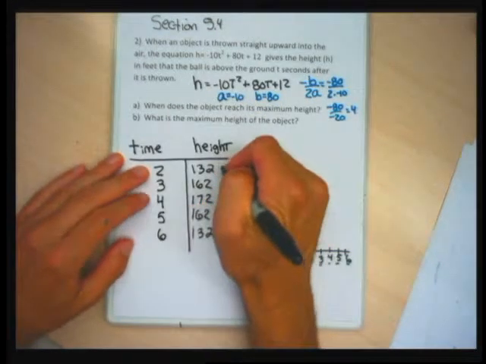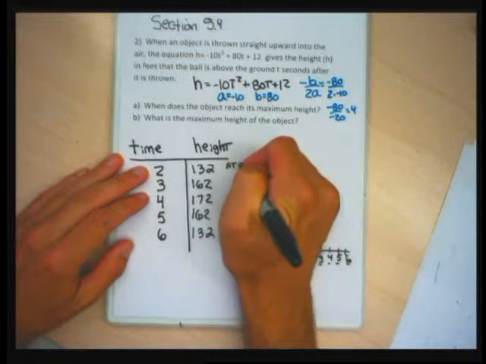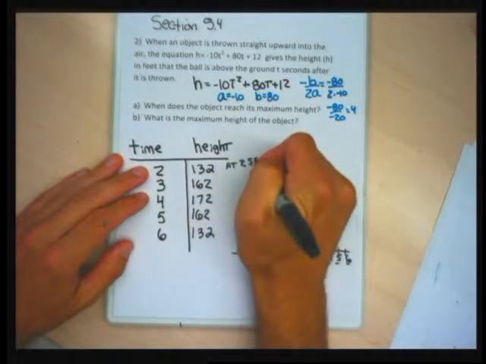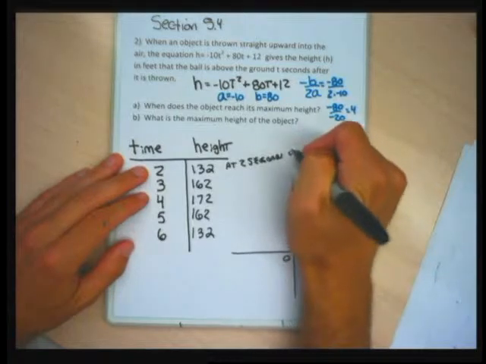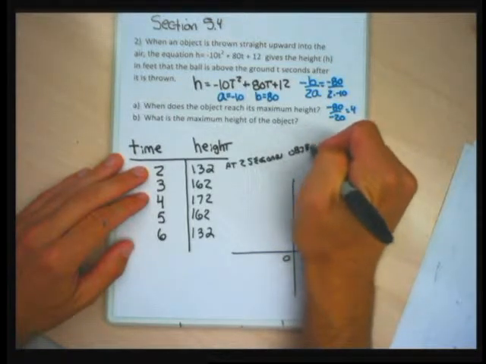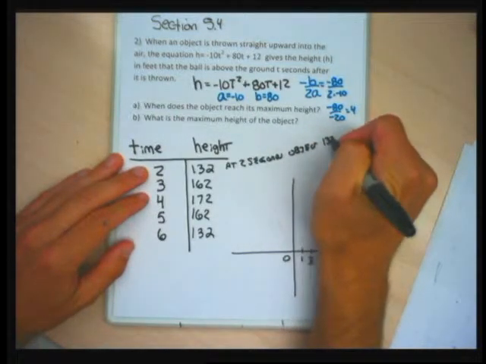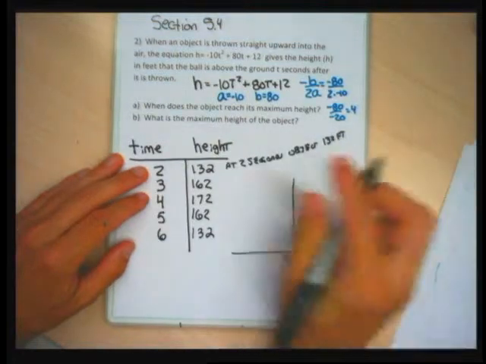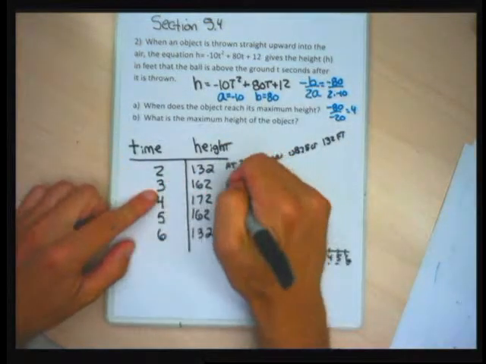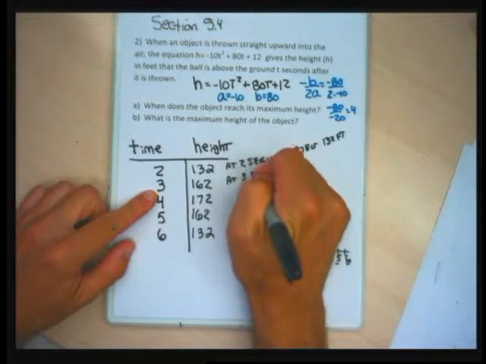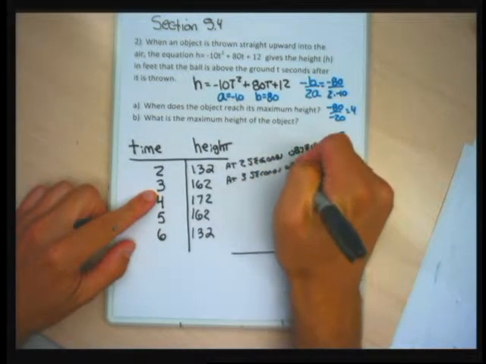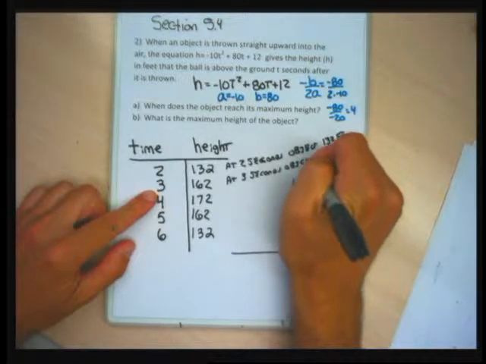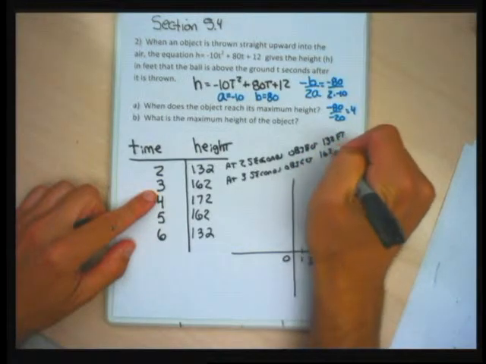So I have a bunch of points, and what each point represents is a time and a height. This point means at 2 seconds, the object is 132 feet high. The second point means at 3 seconds, the object is 162 feet high.